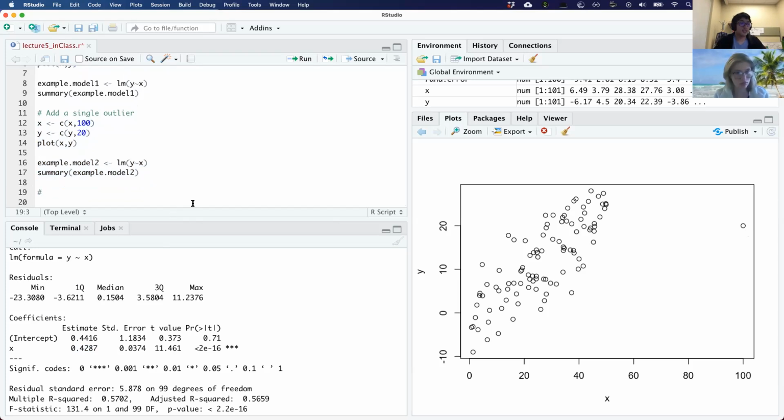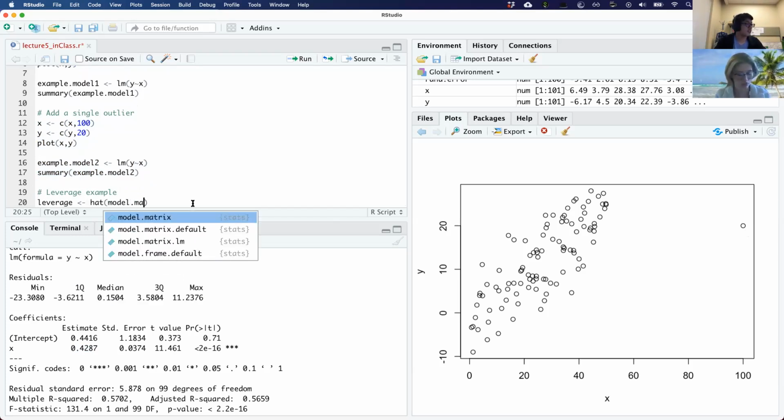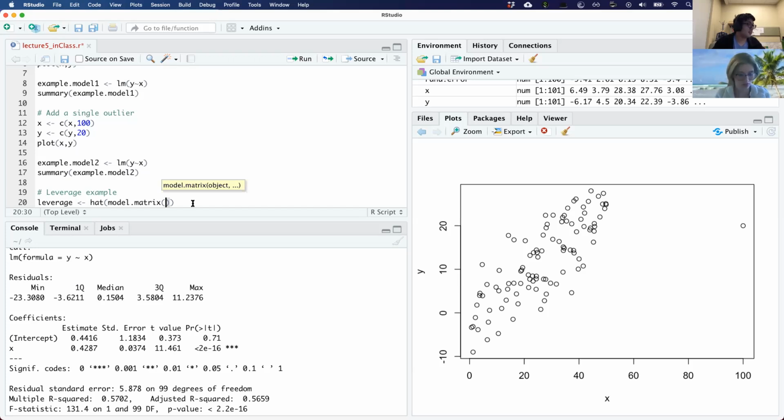So let's take a look at leverage. The way this is done in R is with this function called hat of your model matrix. And if you'll remember, the mathematical notation is this H_ii, and so that's what the H stands for. It's the hat.